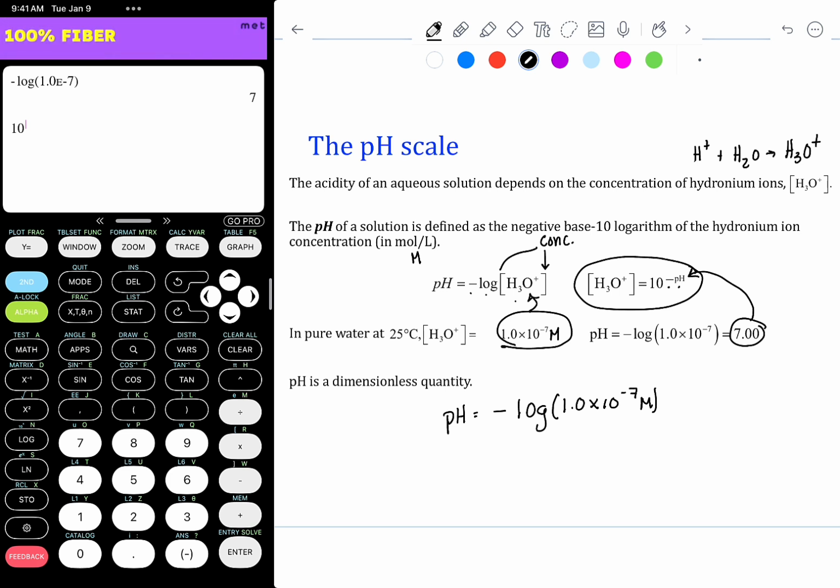I don't want to get into all the differences with base 10s and everything like that on calculators. It's a whole thing. So just hit second log, and that'll give you 10 to the. Then you do negative of your pH. So whatever the pH value is, you just do the negative of that value, and what comes out is your concentration. So we know our concentration at pH of 7 is 1 times 10 to the minus 7 molar. Okay, so we'll practice that.